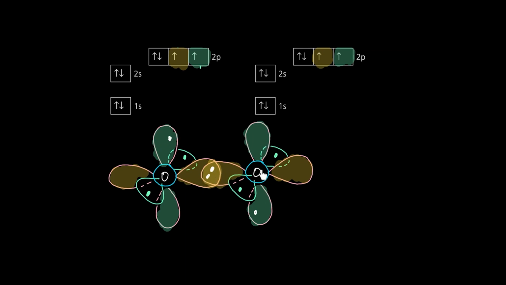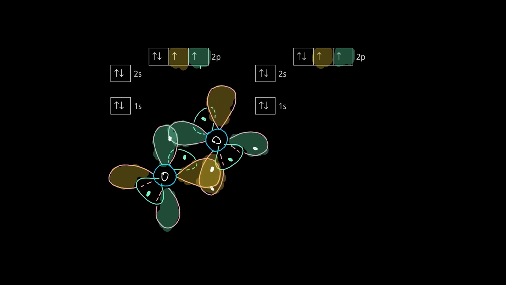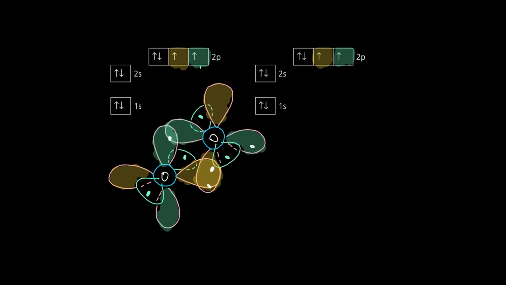Now this is the one overlap. But the ones I've highlighted in green also have to overlap. How do they overlap? Their angles cannot be changed. They have to be perpendicular to each other. So it's not like I can take this one and make it turn, because if I start making this turn to bond this way, it can't happen. They have to bond head on.